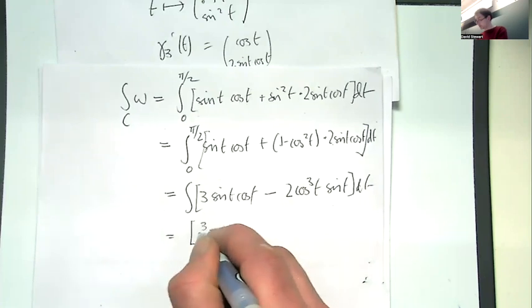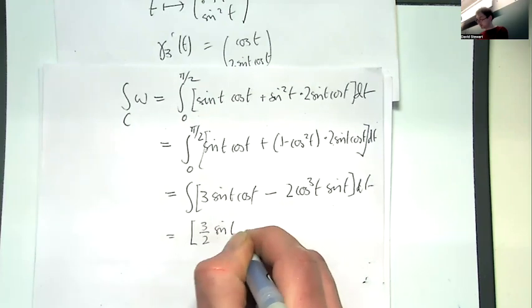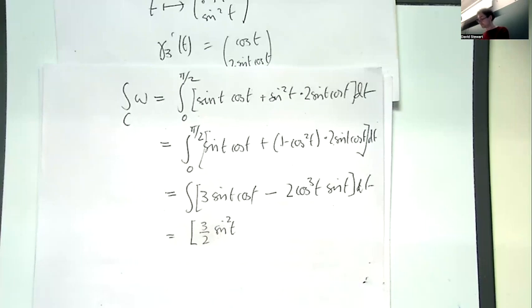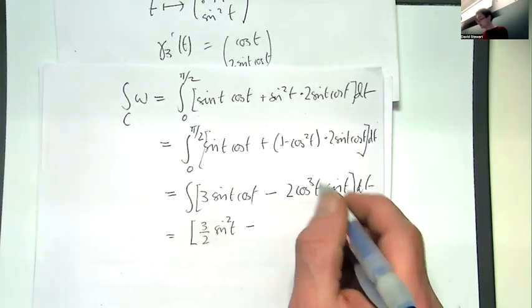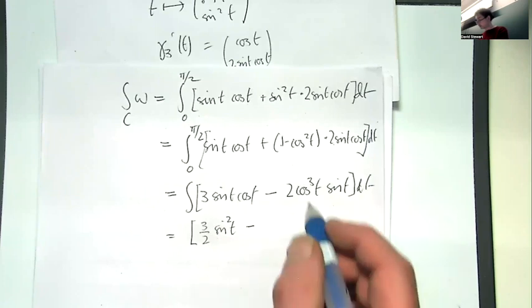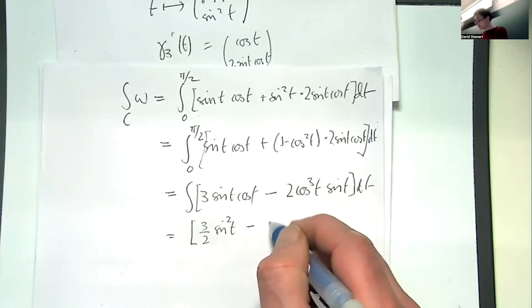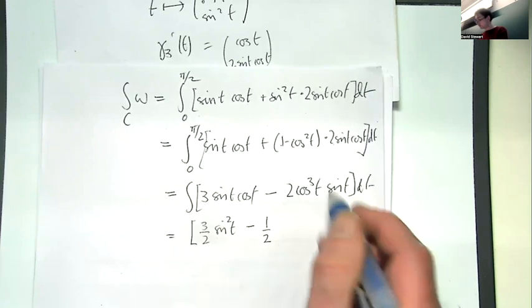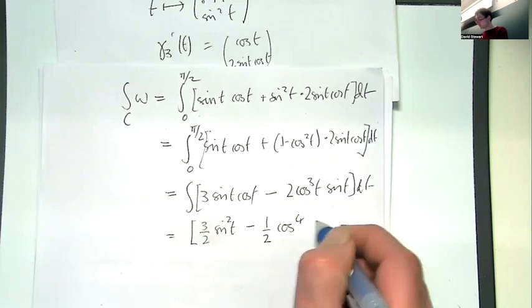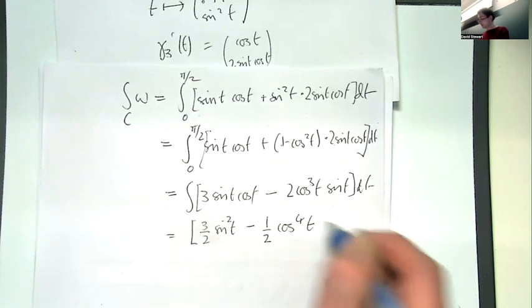So 3 over 2 sine squared t minus, let's increase the power there and divide, we get 1 over 2, which is 2 over 4, cos to the 4 t.